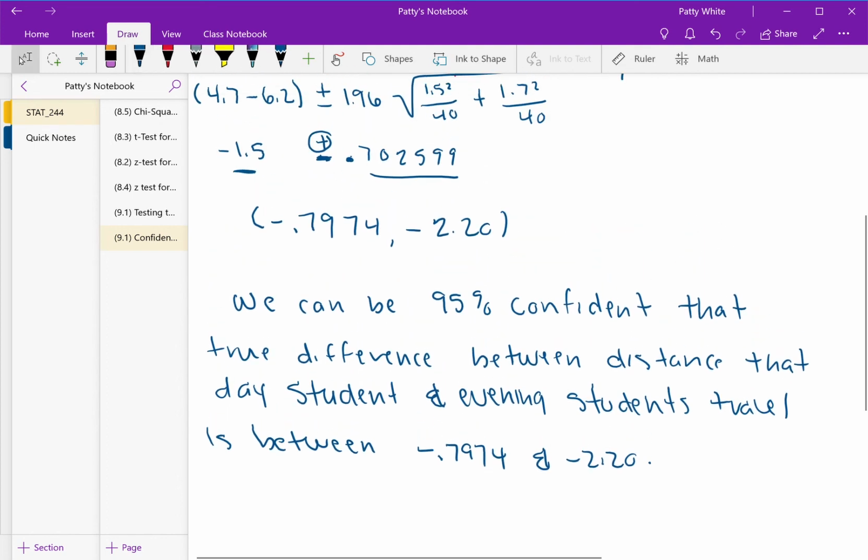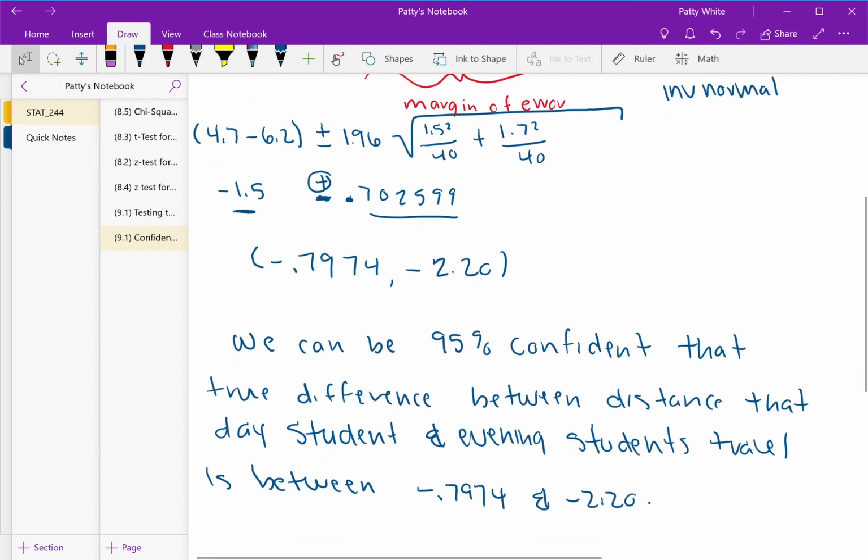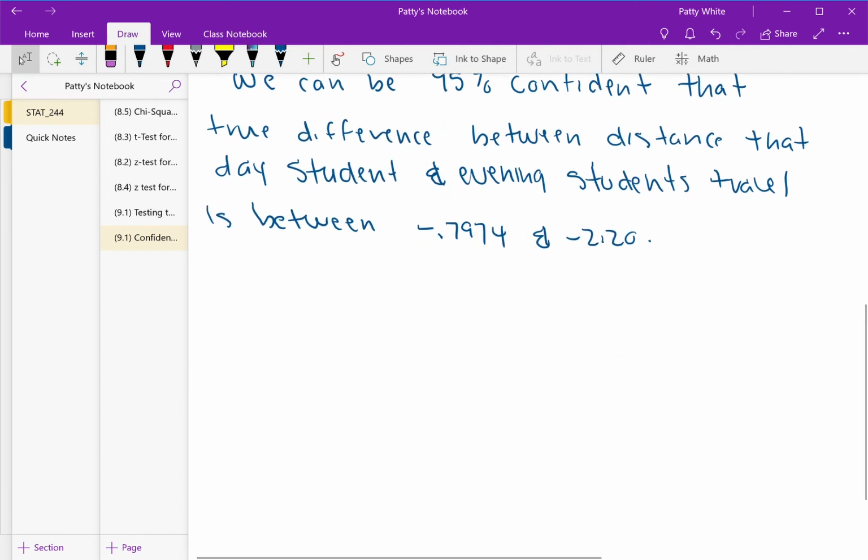So again, that's how you would do the confidence interval by hand. If you wanted to use your TI calculator, you can. Just make sure you know what the point estimate is and the margin of error is. You would need to go to Statistics, and then over to Tests.